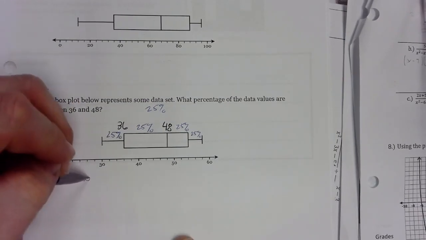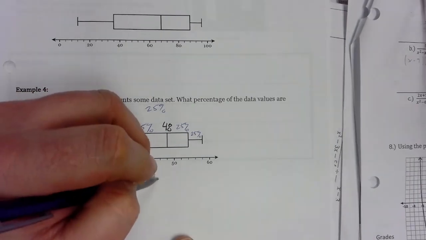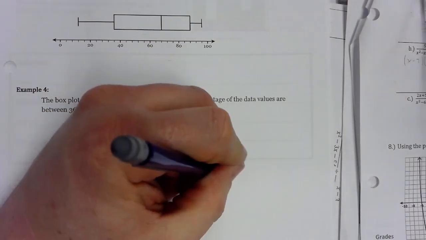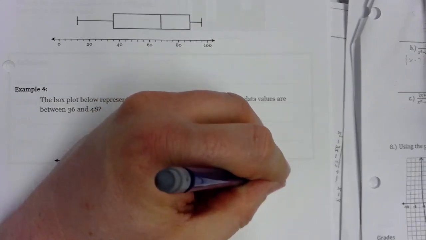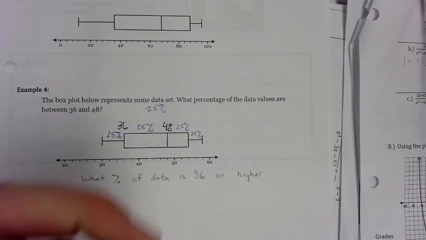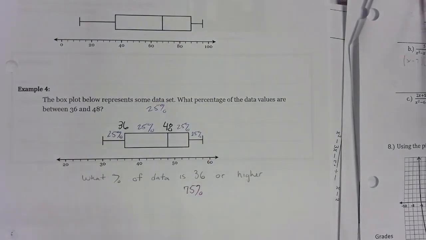I could ask it this way, Kenzie. I guess I'm not going to write this one down. But what percent of the data is 56 or less? What percent of the data is 56 or less? 50. Where's 56 at? I guess that's the question, right, Kenzie? Well, 56 is on... Hold on just a second, Stephen. Give us a second here.